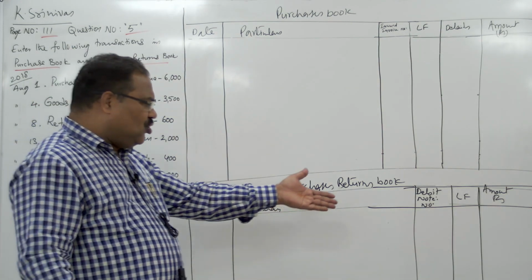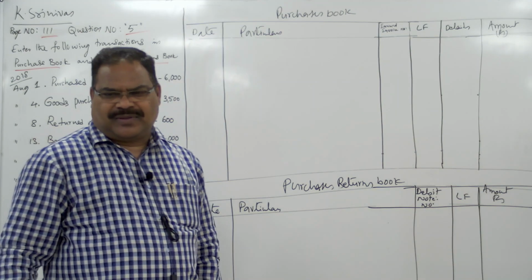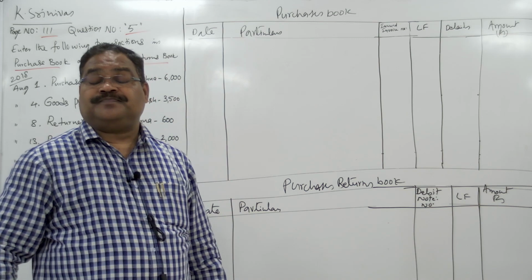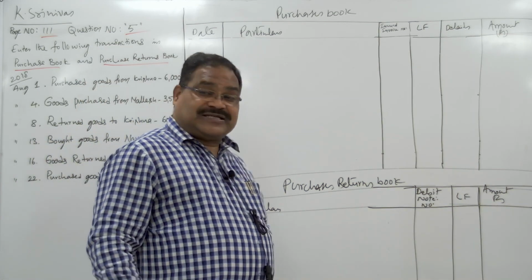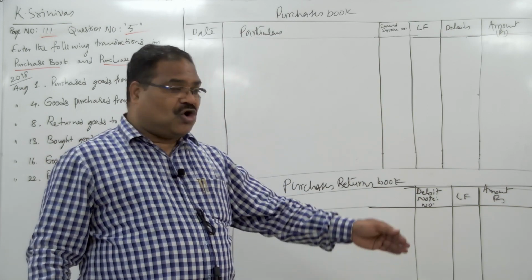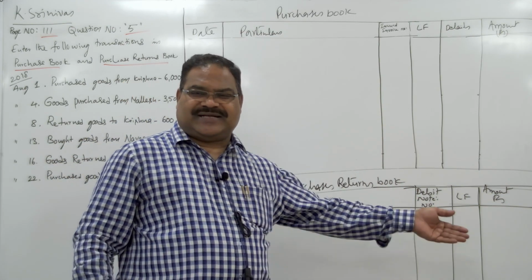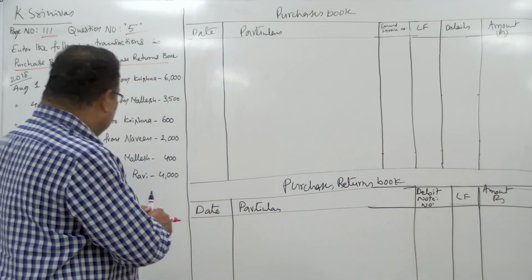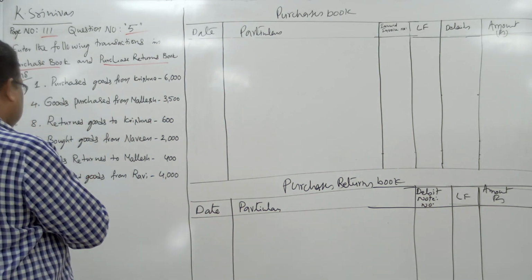If you want, you can write the numbers 1, 2, 3, or you can use it in the invoice number column also. And sometimes in the problem, they are going to mention the invoice number, then you have to take it as it is. Otherwise, you can just leave it. The proforma, you have to take it. Okay. Now, the transaction is here.